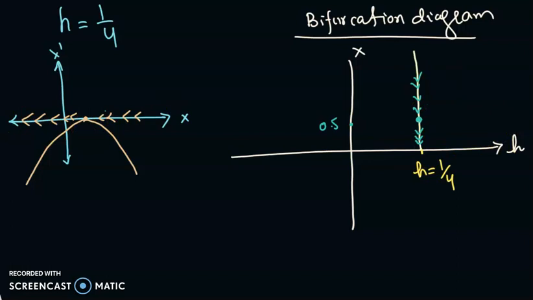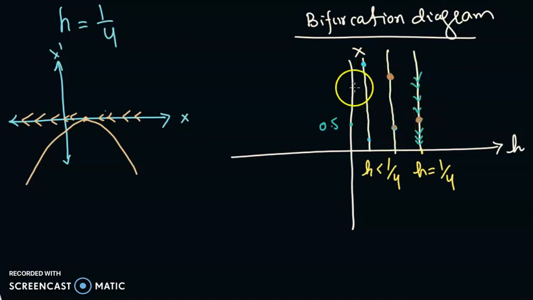Now talking about h less than 1 by 4, let's say we have two lines. We had seen that in this case we had two equilibrium points, x star of left and x star of right. So let me clear these points again.